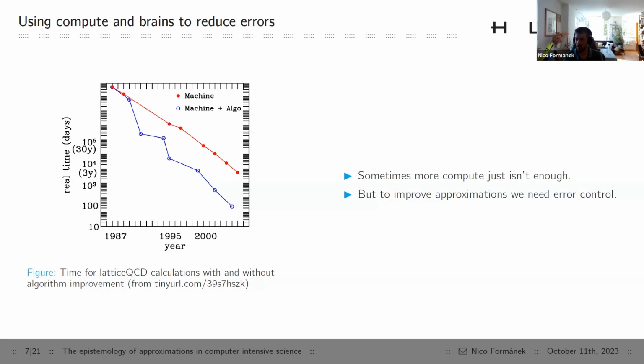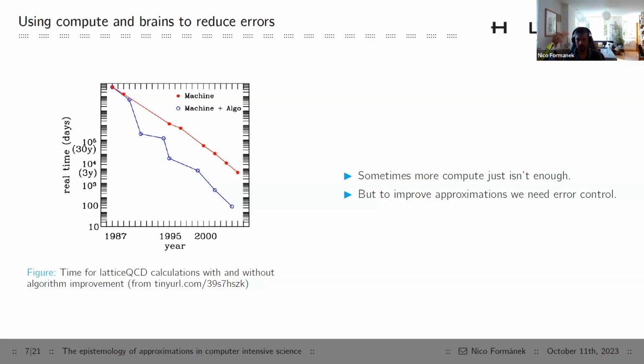Something you don't see very often, certainly not in the machine learning context, but of course in other fields of study, especially lattice QCD, which employs Monte Carlo methods to a heavy degree. Here you can see that you can have large improvements by improving your approximation method. You see that's orders of magnitude here.